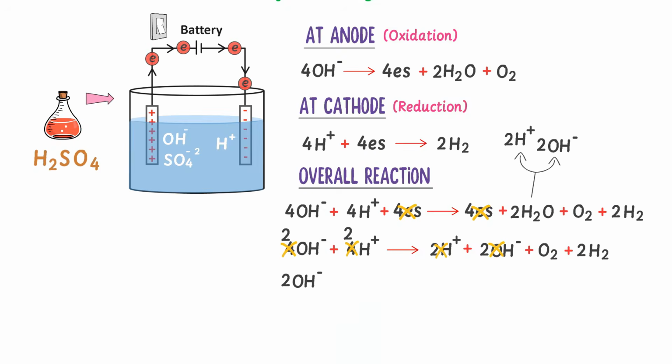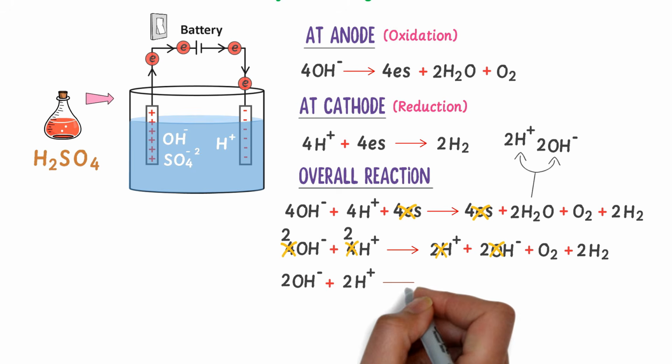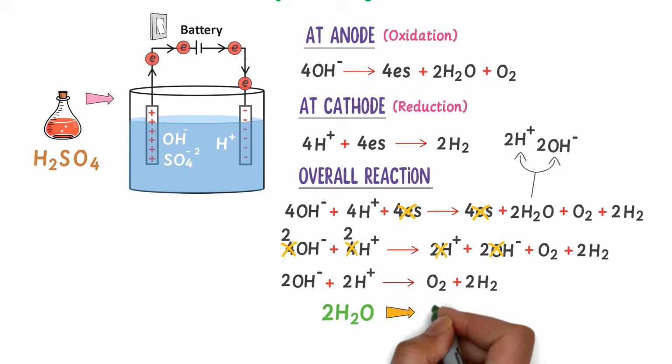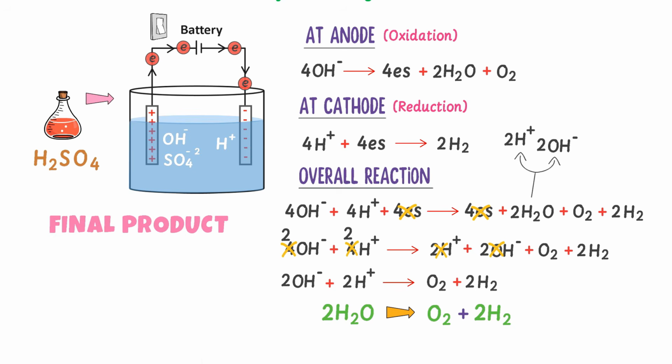Thus 2 hydroxide ions and 2 hydrogen ions react together to form 1 molecule of oxygen gas and 2 molecules of hydrogen gas. Also, you can write that 2 molecules of water break down to form 1 molecule of oxygen gas and 2 molecules of hydrogen gas. What about the final product?